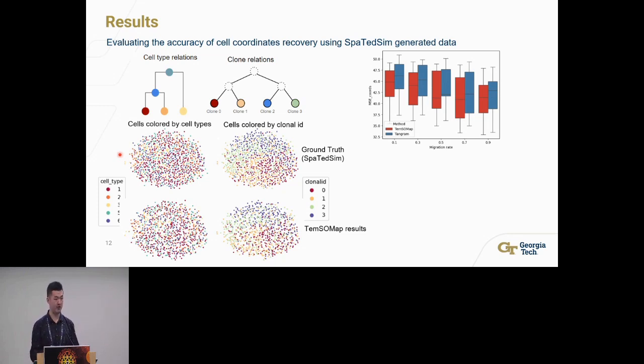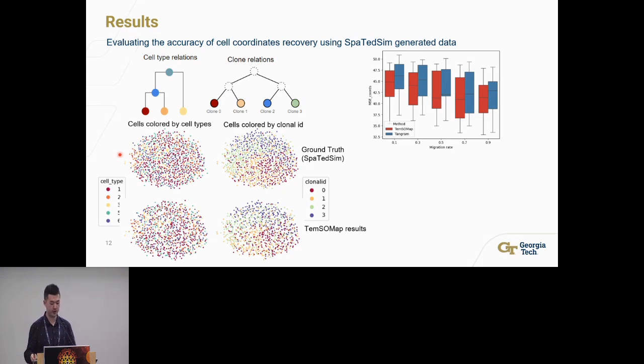So the same cell types might behave similarly in terms of migration, which ends up in clustering of the cell types. If the migration rate is lower and fewer cell migration events happen, the spatial map will show more spatial pattern in terms of clonal ID, as shown for this example.